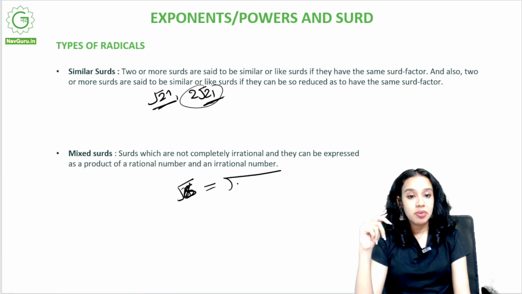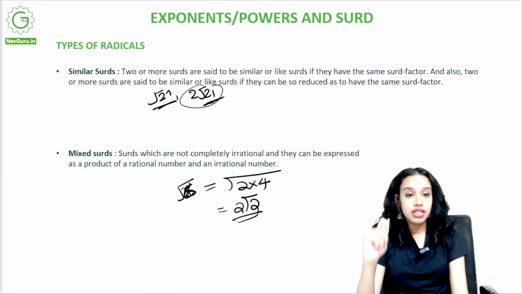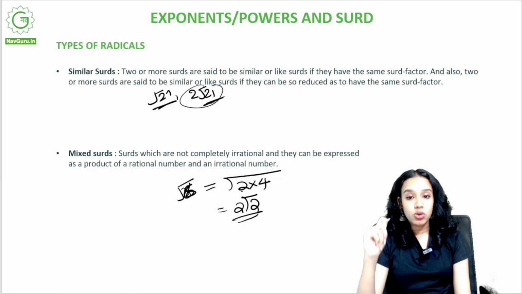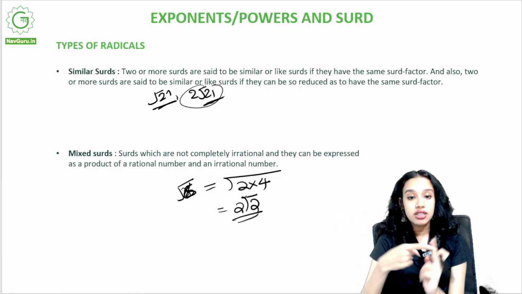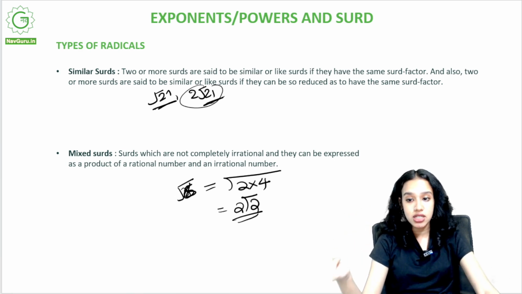So root 8 can be written as root 2 into root 4. Which gives us, what is root 4? It's 2, and root 2 is actually an irrational or a pure surd. So a surd which is a product of a rational and an irrational number is called a mixed surd.